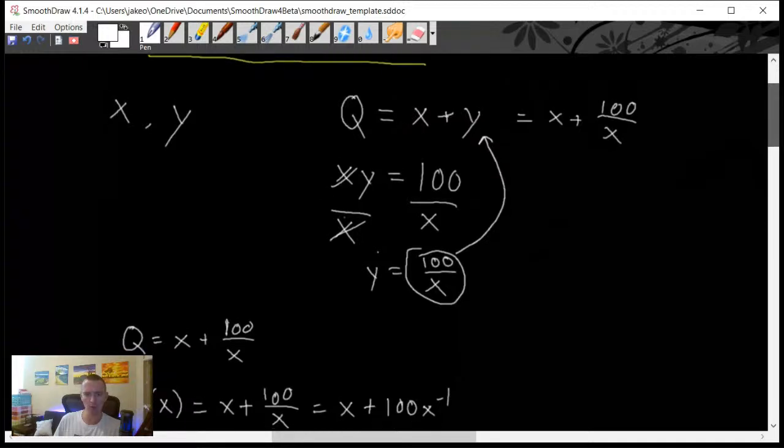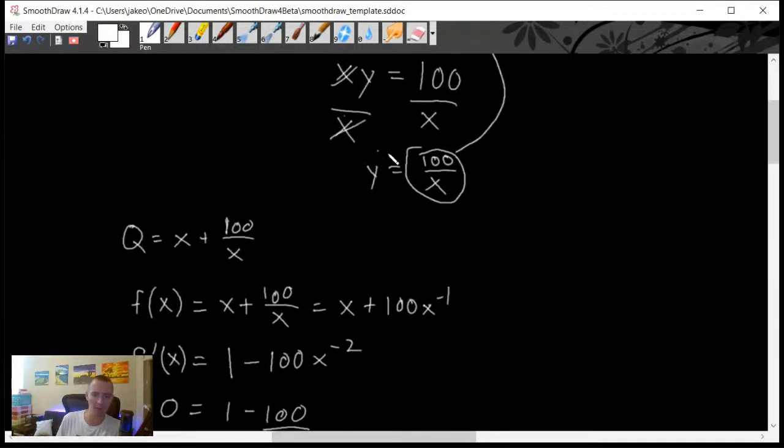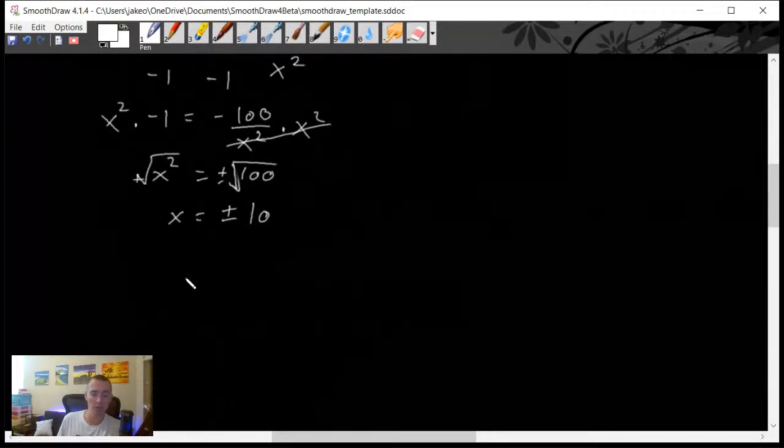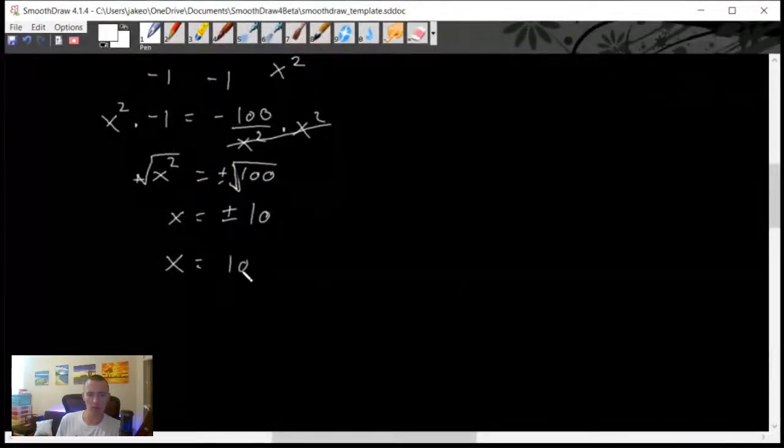So what we want to do from there is keep this fact in mind right here. We know y equals 100 over x. So if we're trying to find y, because remember, we do need to find two numbers, first of all, x can be 10 or x can be negative 10. But we also know that y equals 100 over x.